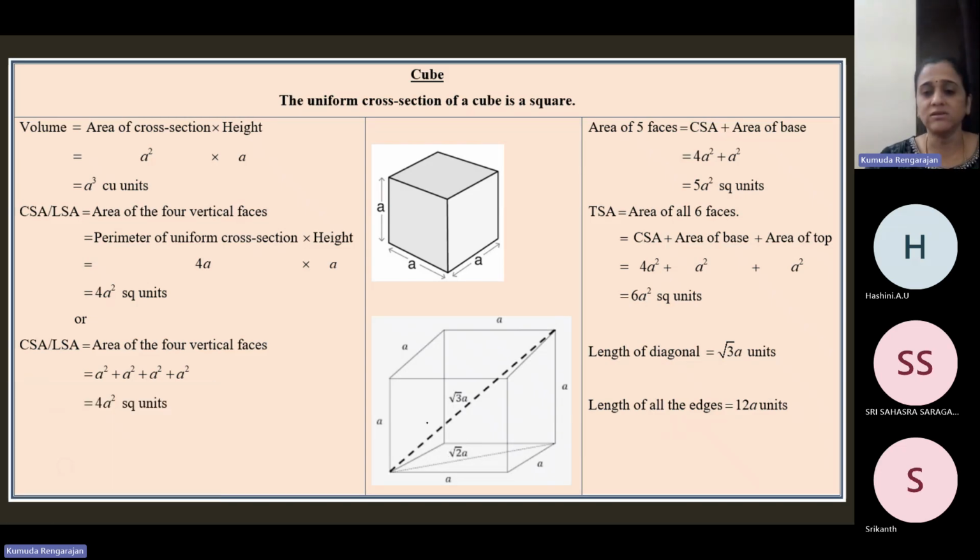Now, how many edges does a cube have? A cube or a cuboid? They have 12 edges. Just get a book.